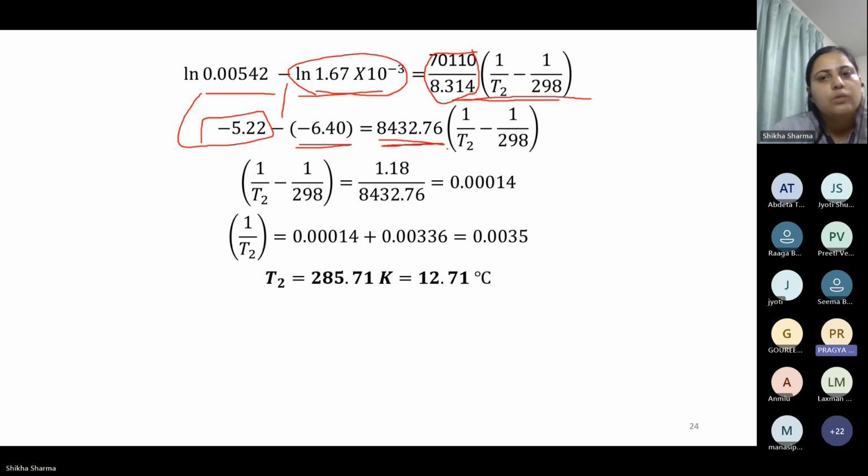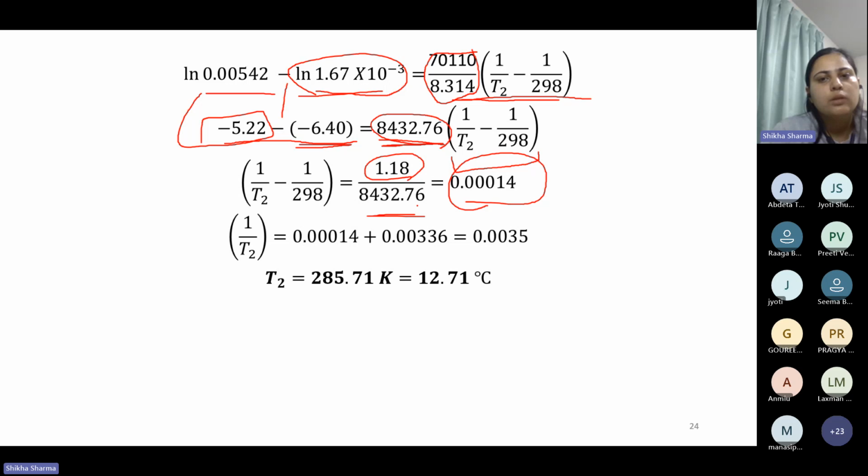So this term we can keep on one side and transfer the others. So 1 upon T2 minus 1 upon 298 equals this term. If we solve, it will be minus 5.22 plus 6.40, which is 1.18, divided by 8432.76. After dividing we get 0.00014.